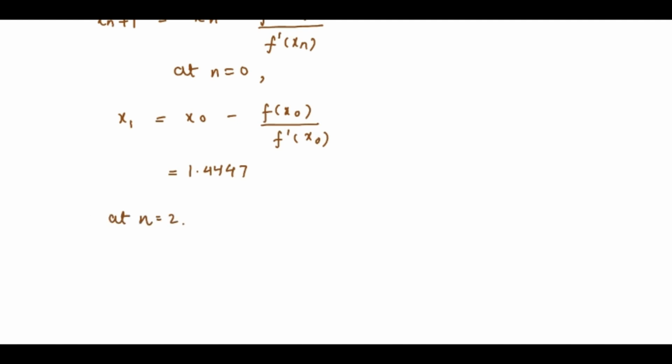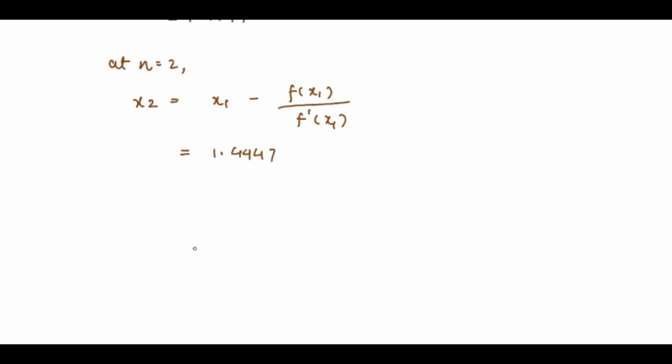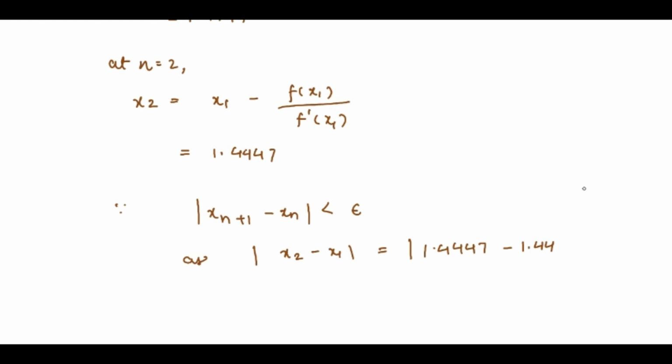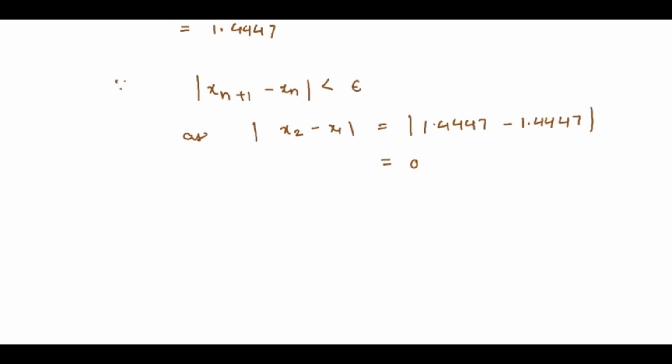With iteration 2, again we get the value of x2 as 1.4447. Since the successive approximations are identical up to 4 decimal places, the iteration should be stopped. So you get your positive root as 1.4447 for the nonlinear equation x cubed minus 2x minus cos of x.